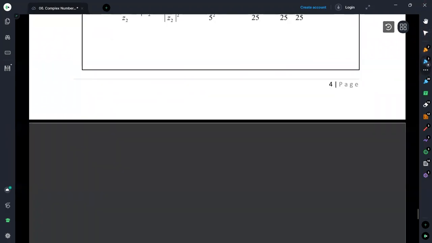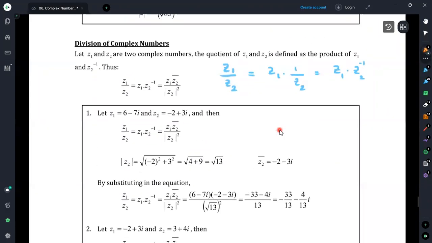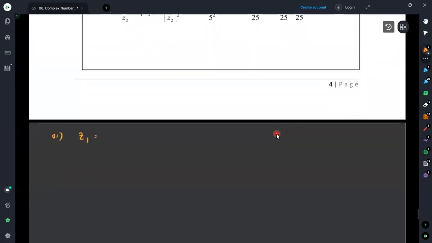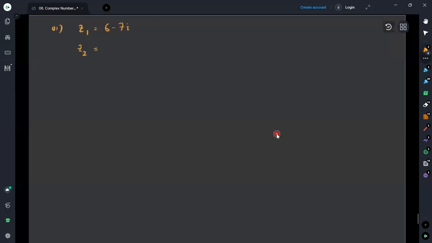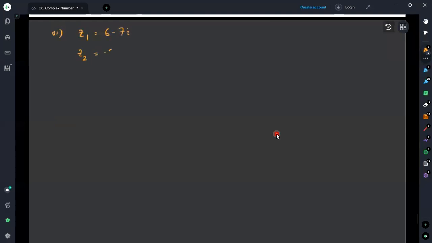Here, if I take this example, Z1 is given as 6 minus 7i, and Z2 is given as minus 2 plus 3i.